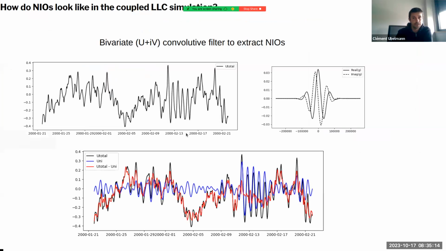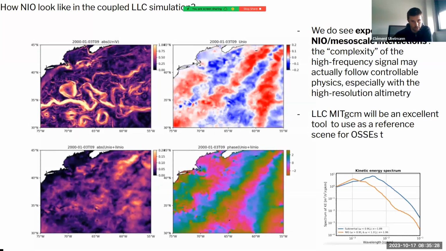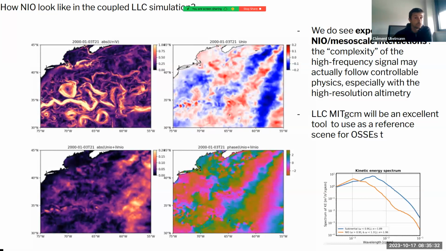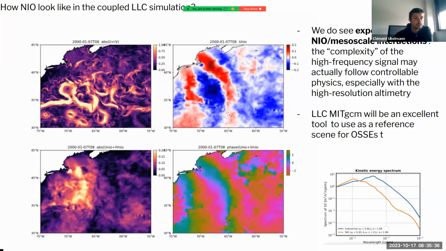Just very quickly, I looked at the MIT GCM signal. I will skip on this, just a very technical way to filter the NIO with respect to the rest of the total surface current. But this is what we get, and I found that quite interesting. On the top left is the total surface current magnitude in LLC.